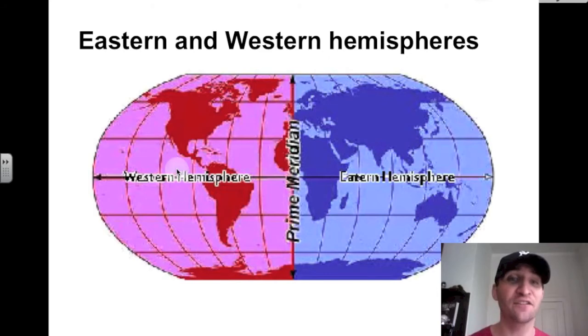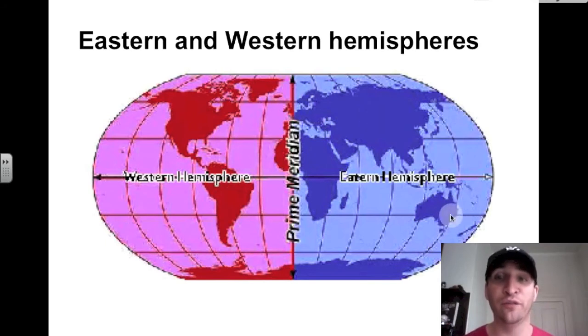Anything to the left of the prime meridian, or west of the prime meridian, is in the western hemisphere. North and South America are entirely in the western hemisphere. Anything east, or to the right of the prime meridian, is in the eastern hemisphere. Most of Africa, most of Europe, all of Asia, and all of Australia lie in the eastern hemisphere.